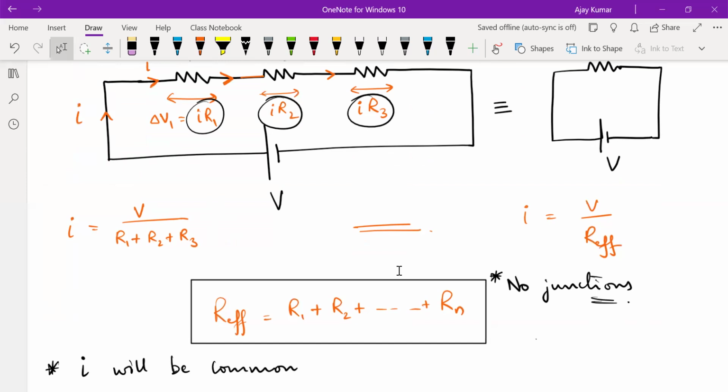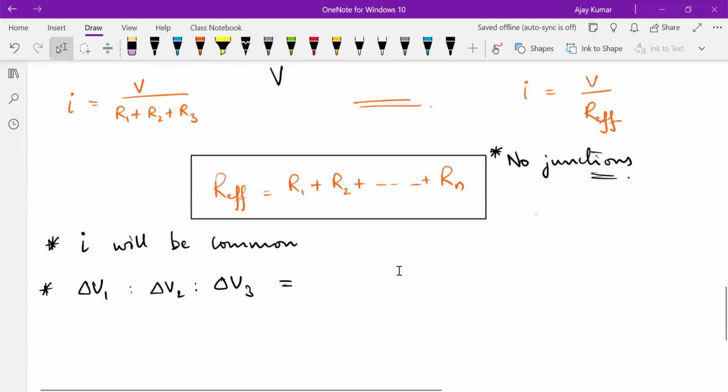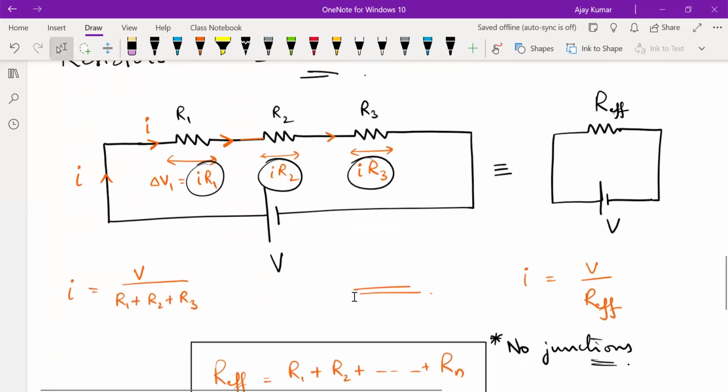Same as the resistance here. IR1 is to IR2 is to IR3, I will get cancelled. It will be same as R1 is to R2 is to R3 and so on. If you know this ratio, you can directly tell what is the voltage across any one individual resistor also, without finding current.